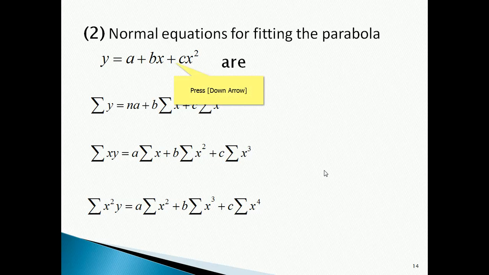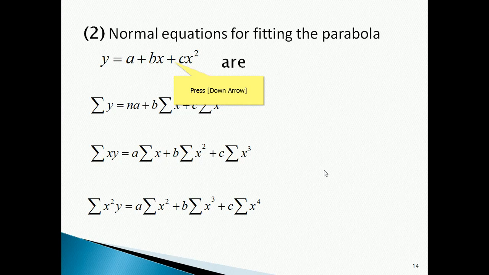And to fit the parabola y is equal to a plus bx plus cx square, the normal equations follow the same procedure. First take the summation on both sides, then multiply throughout by x and take the summation. Again multiply throughout by one more x, that is by x square, then take the summation. Sigma y is equal to na plus b into sigma x plus c into sigma x square is the first normal equation.